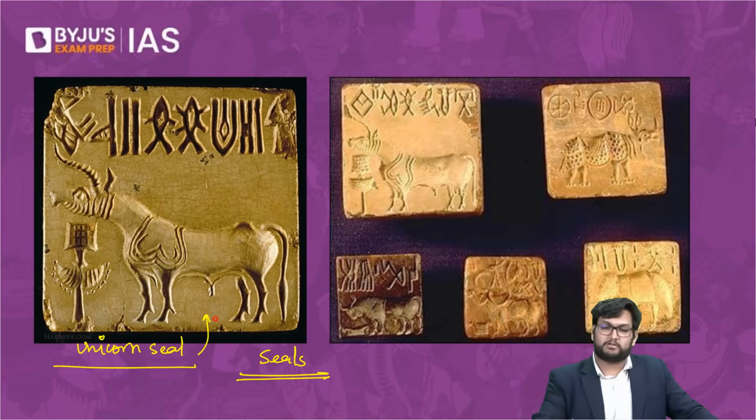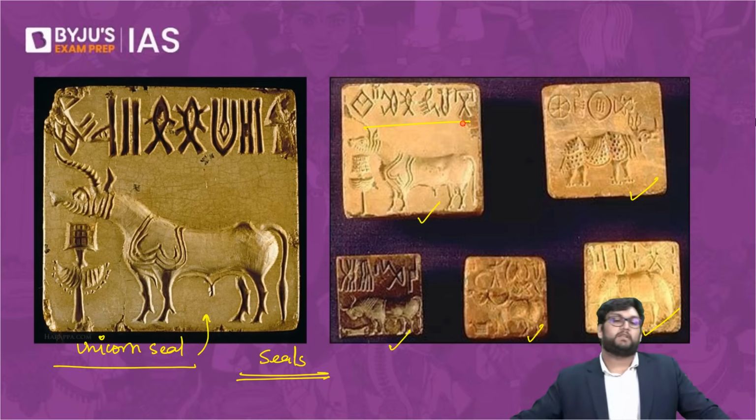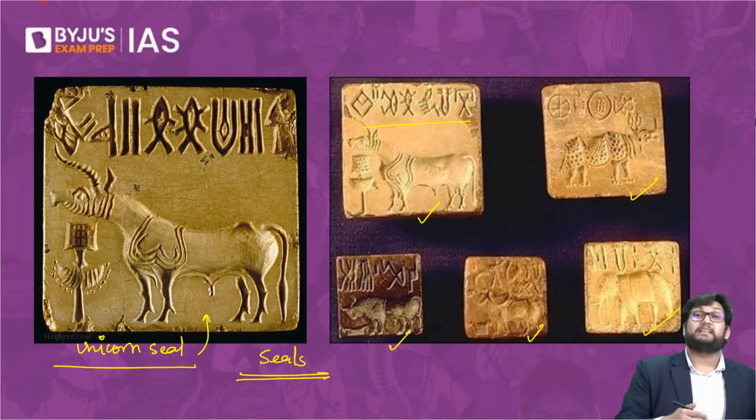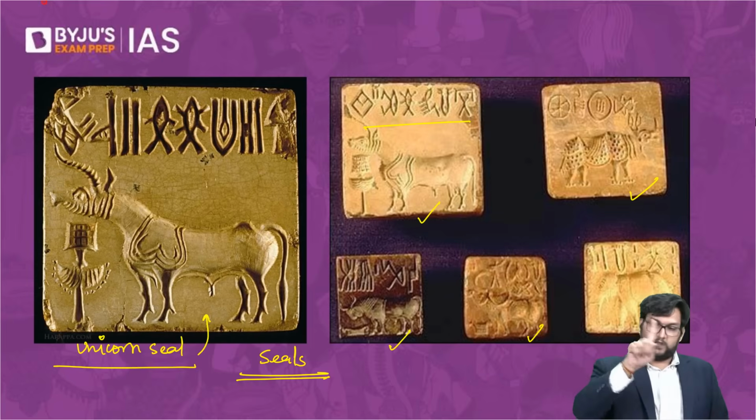We have other seals also, wherein you have the bull seal, you have the rhinoceros, you have again the bull, you have the humpless bull, you have the elephant. But this one is the most remembered, with certain inscriptions which we don't know what they mean. This is called unicorn because it is believed that it has one basic horn.